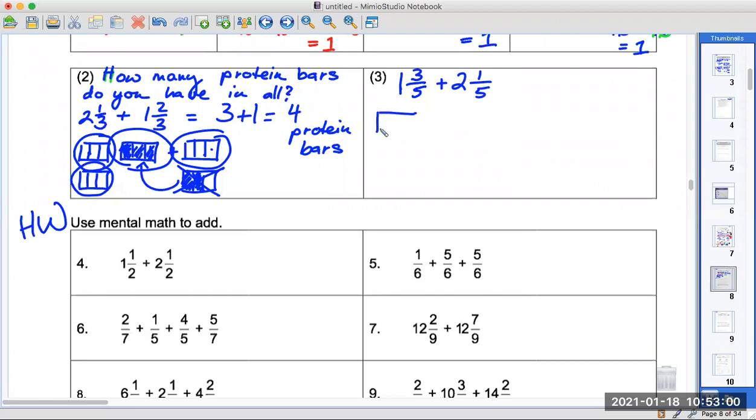So I have 1 whole 1 and a part of 1, but my denominator is 5, so I got to have 5 equal parts. 1, 2, 3, 4, 5. So I have 1 whole 1 and 3/5. So I'm shading 3 parts out of the 5 parts. And then plus the 2 whole 1s.